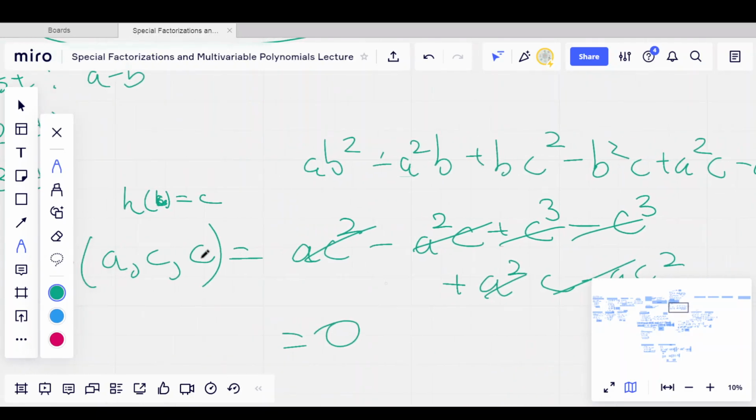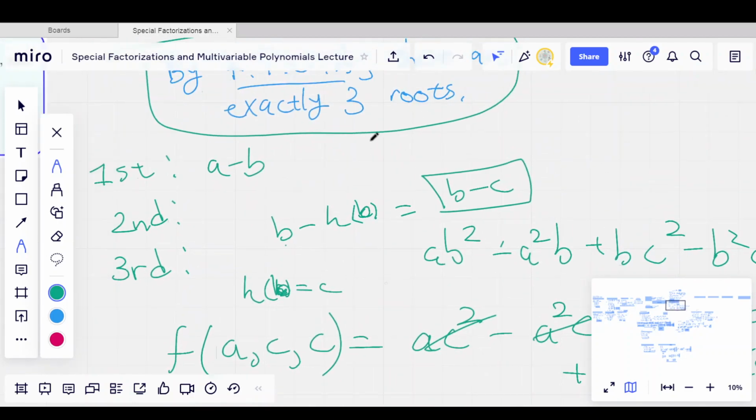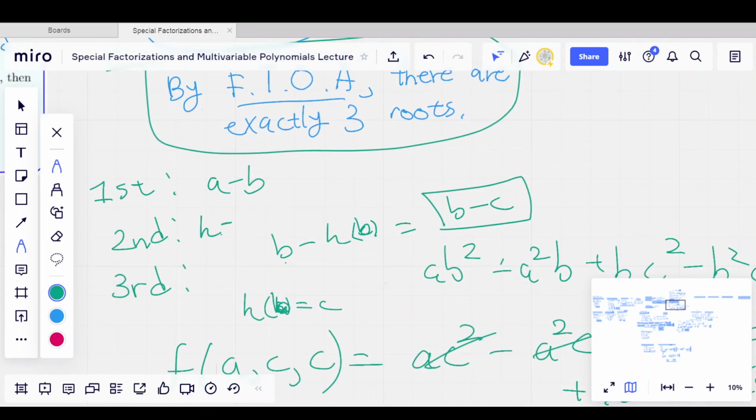So we can conclude that b minus h of c is just, technically it's h of b though. Sorry for the mistake. So b minus h of b is just b minus c. So b minus c is a second root. And yeah, there's no really neat trick.